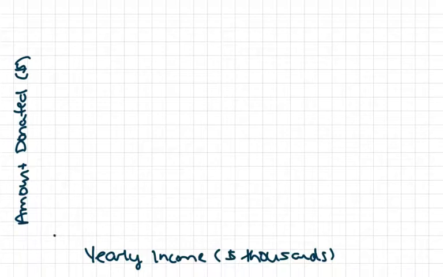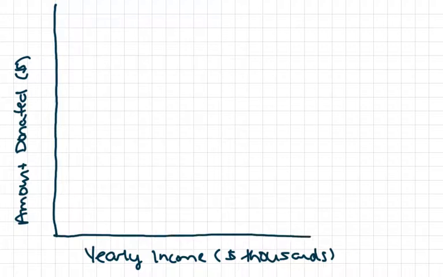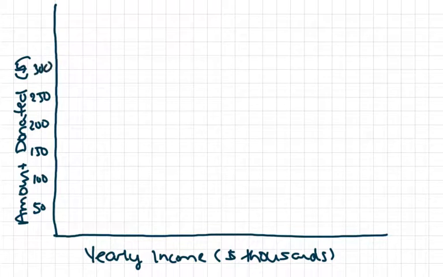That'll give you enough room. So 25, 50, 75, 100. And then on the x-axis, go up by 5s.